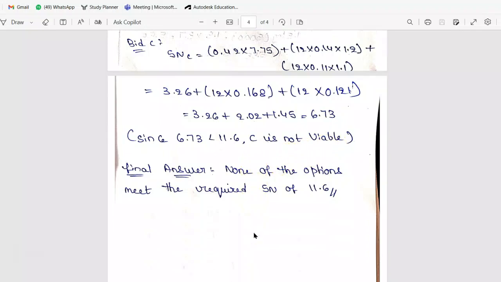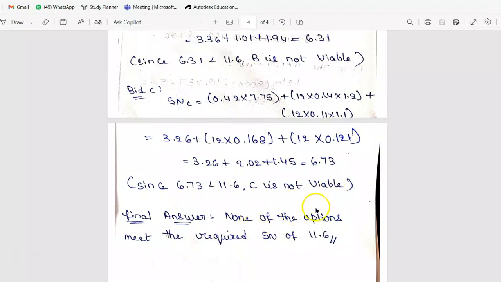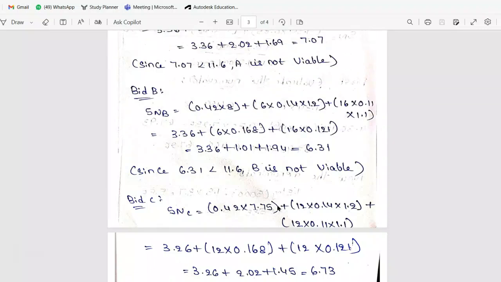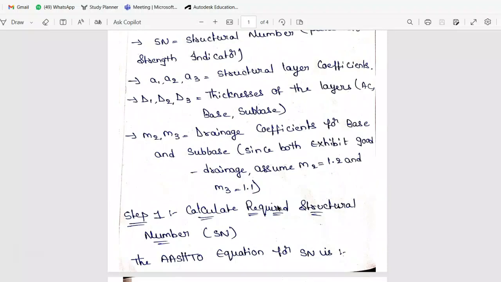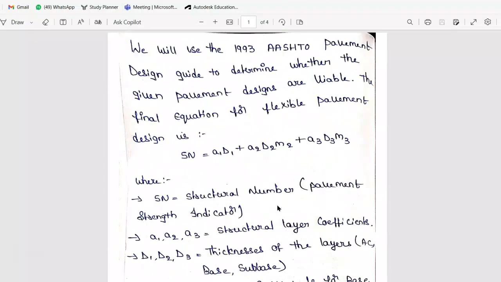As the final answer, none of the options meet the required Sn of 11.6. So this is how, according to the 1993 AASHTO design guide, we determine whether the pavement designs are viable or not.